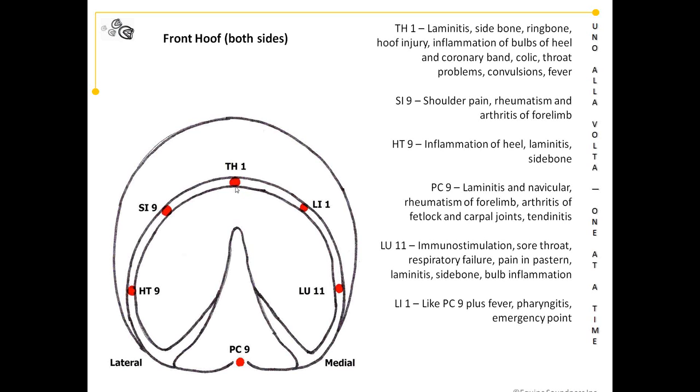The needle is just a little bit longer lasting, but the others work as well. Stimulating this point takes care of laminitis, side bone, ring bone, hoof injury, inflammation of bulbs of heel and coronary band, colic, throat problems, convulsions, and fever.